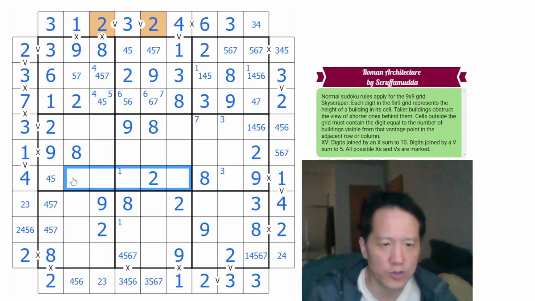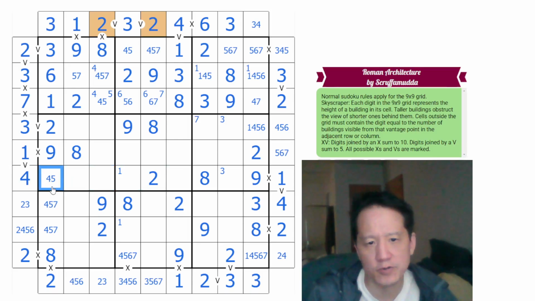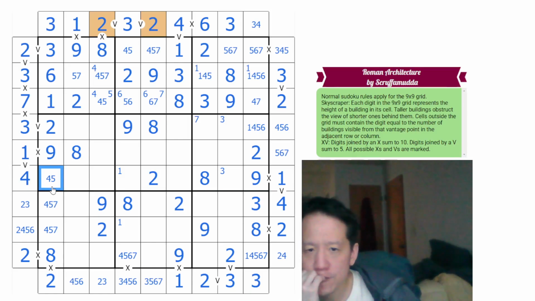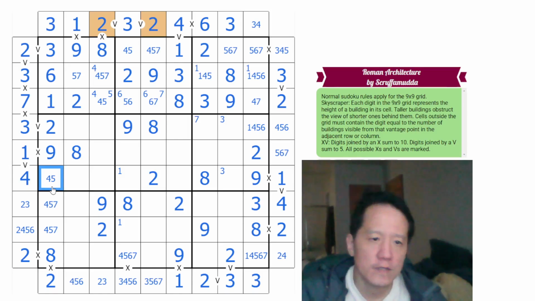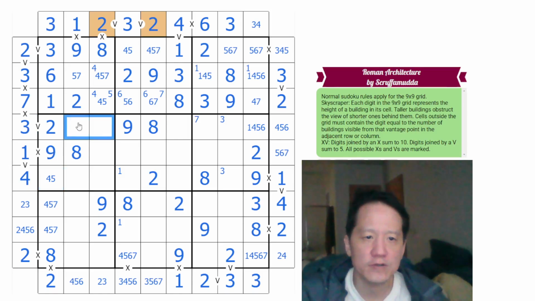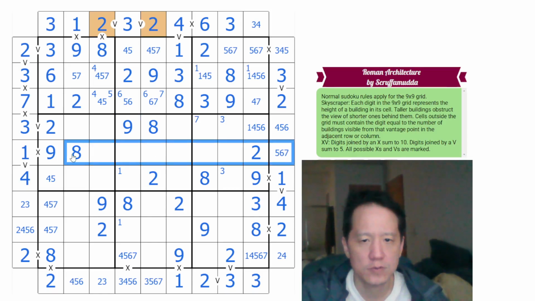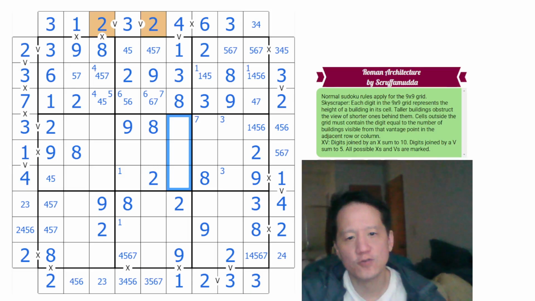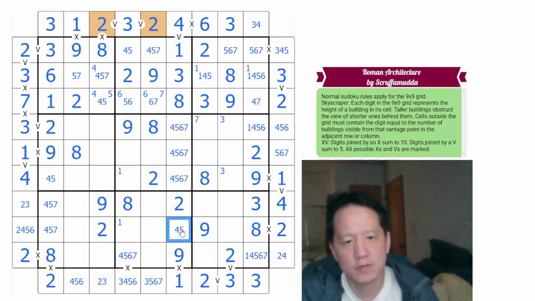It must see one of these, and then it sees that one, obviously. This sees one of these. It sees this one, and it sees here. The remaining digits here are 4, 5, 6, and 7.